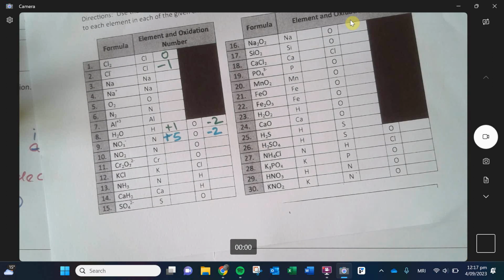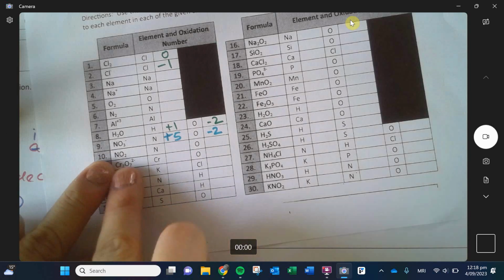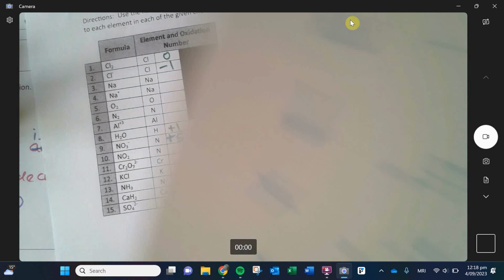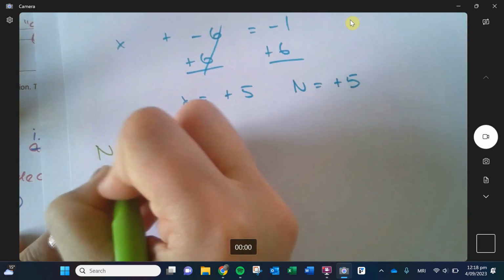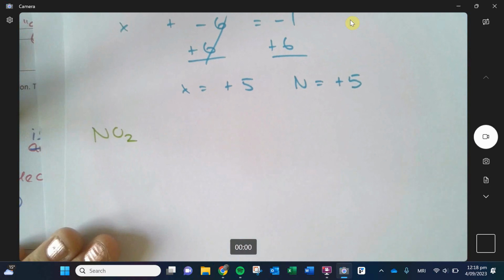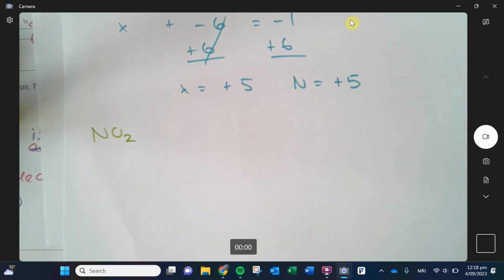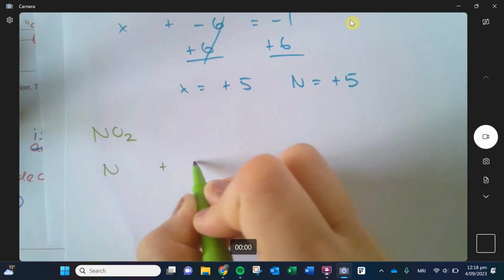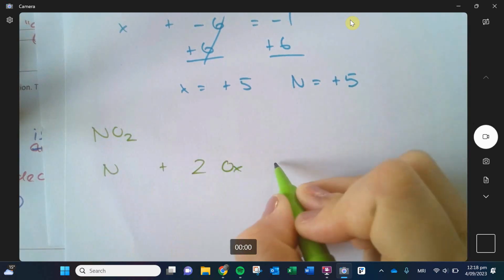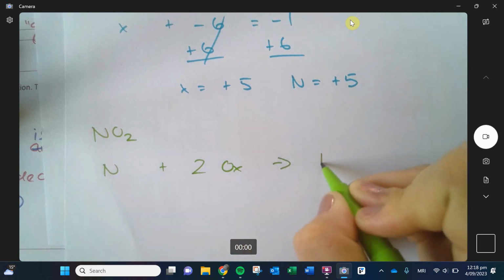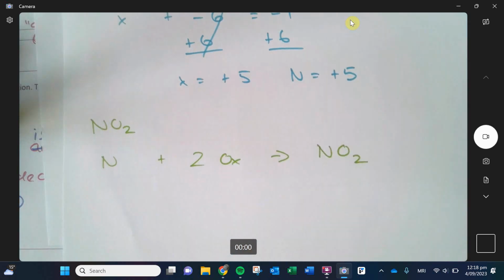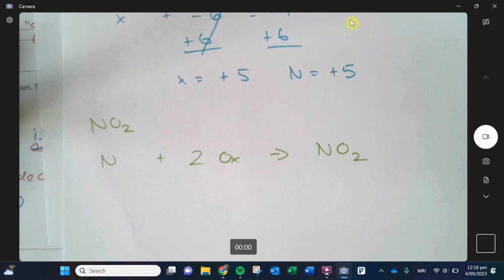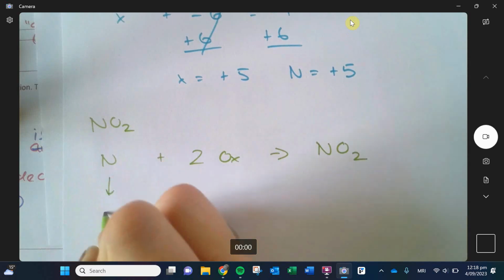All right. We'll do the nitrogen dioxide. So that's NO2. Again, nitrogen isn't a specific thing on my list, so I have to do oxidation math to find it. So it's going to be N plus 2 oxygens makes the nitrogen dioxide. Let's add in the oxidation numbers that we know. So X becomes the unknown.